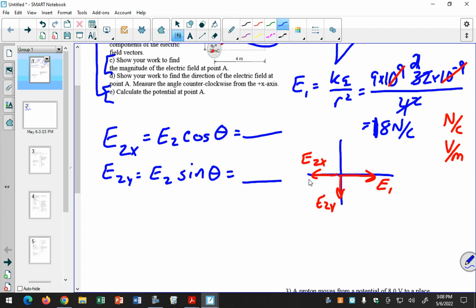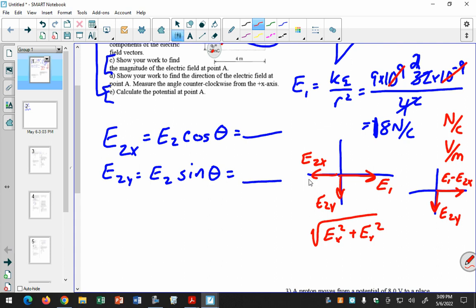So now when I find my two final vectors, this vector right here is going to be E1 minus E2x, because E2x was in the negative direction, and then this vector would be E2y. Then, whatever those values are, they're just numbers, right? So I take the difference in E1 and E2x. Then, if I want to find the magnitude, I do the square root of Ex squared plus Ey squared.